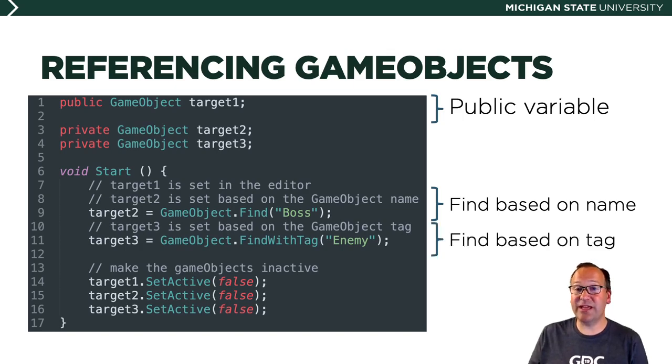Or we can search for the game object using GameObject.FindWithTag to search for a game object with a particular tag. With both of the find techniques, you need to make sure that you only have one game object with a name or tag that you're searching for. Otherwise, you're not sure which game object you'll get a reference to. You can see in this example that once we have the reference to the game objects, we can call the SetActive function in the same way.